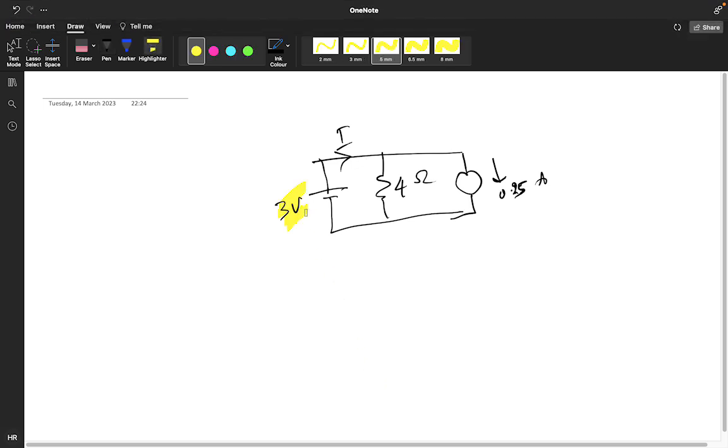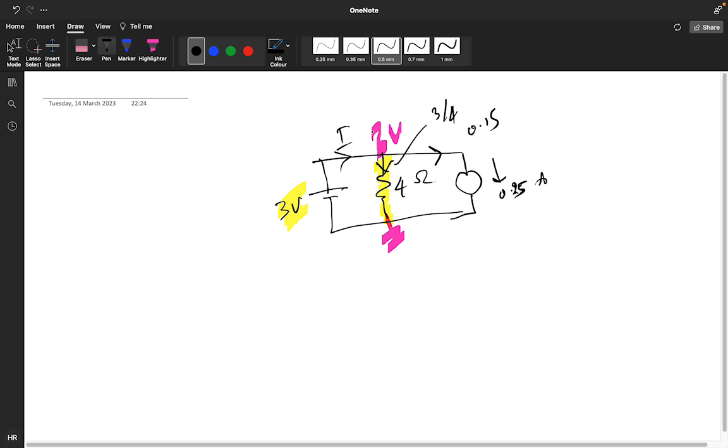So see, you have a 3 volt, that means this particular branch is also 3 volt. How so? Because it is parallel. So what current will you get? 3 divided by 4. And from here, what is the current? It's given 0.25.